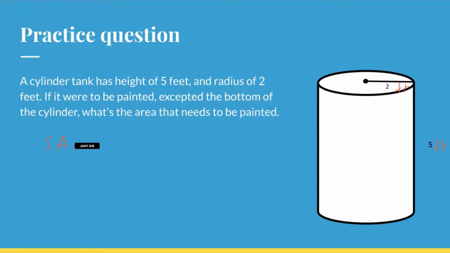The formula for the surface area is 2 pi r squared plus 2 pi r times height. Since we're only going to paint one of the circles, we're going to take out the 2 over here, and then we're going to use this formula.